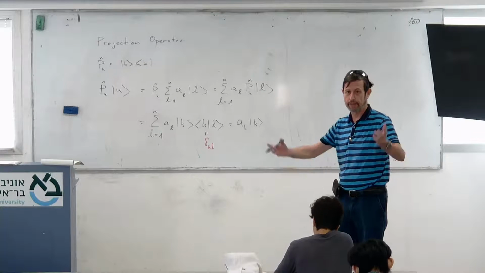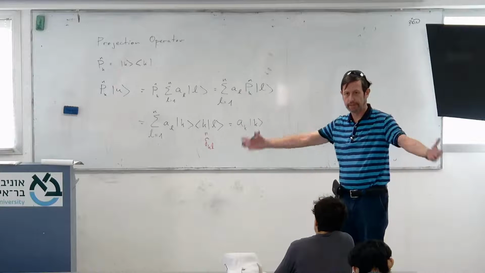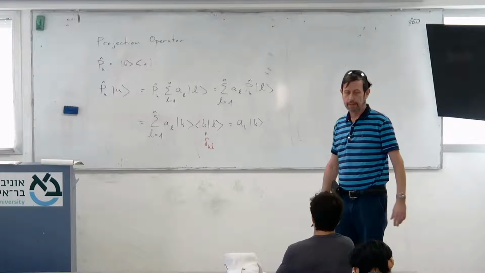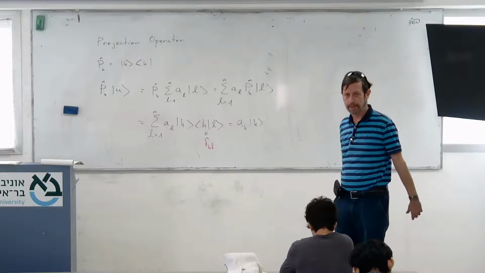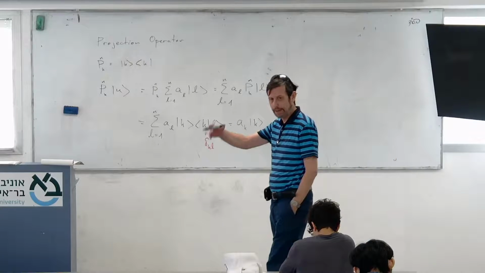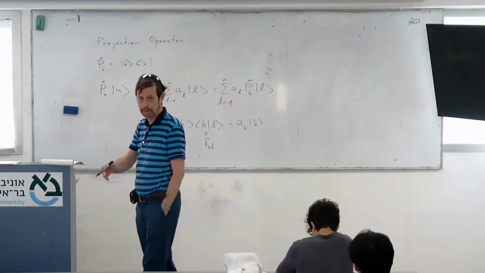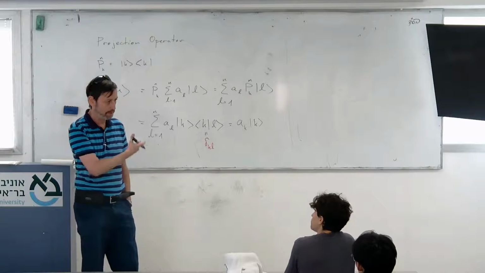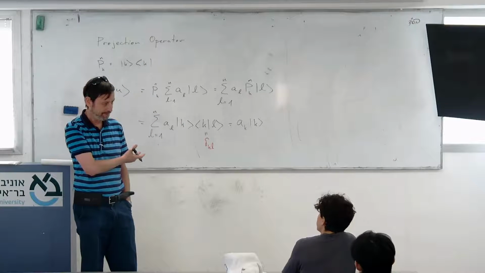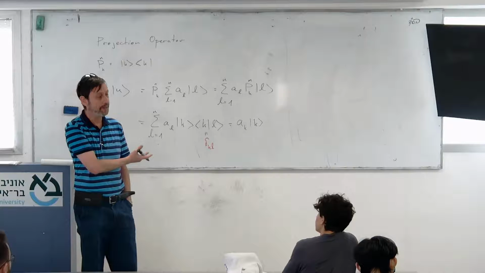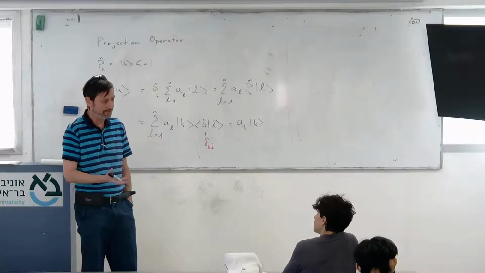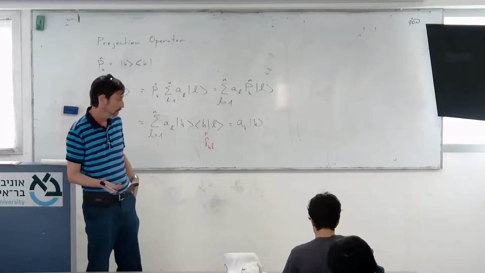Let's say in three dimensions I had some vector, some x times x hat plus y times y hat plus z times z hat, and I'm doing the projection in the x direction. I'll get just a component in the x direction.